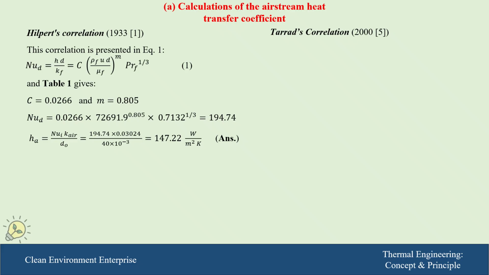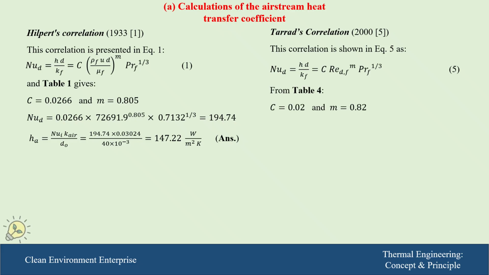Another correlation, the Tarad correlation, as presented in equation number 5. Again, Nusselt number has the same form as Hilbert and Morgan, as we have mentioned. And from table 4, we may get C equal 0.02 and M 0.82.